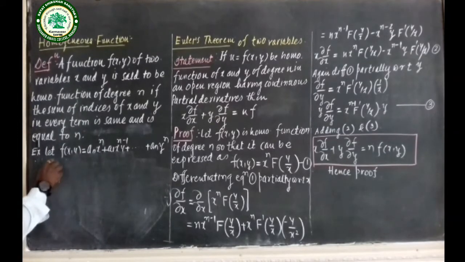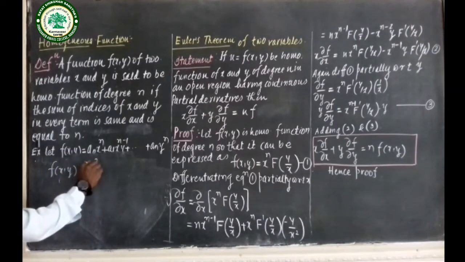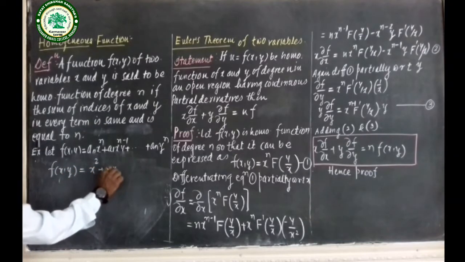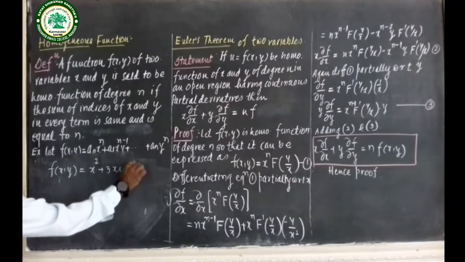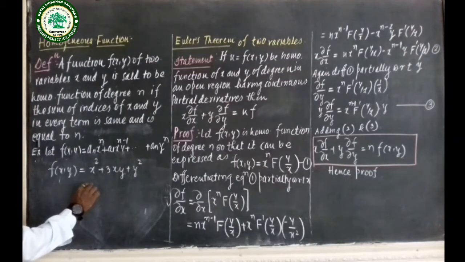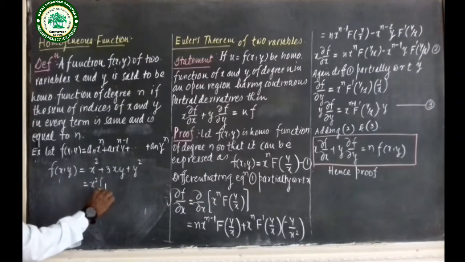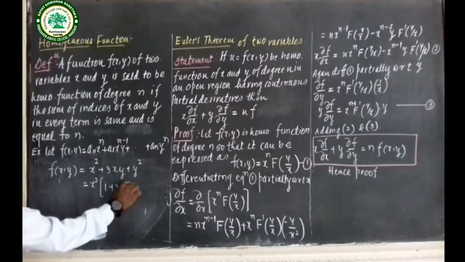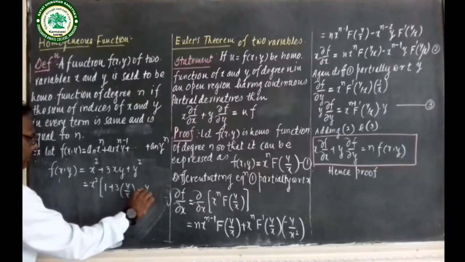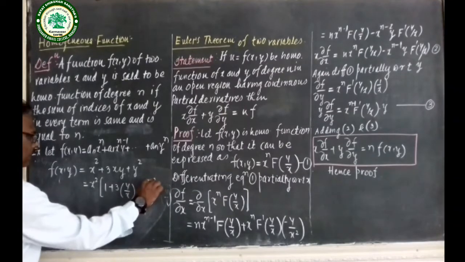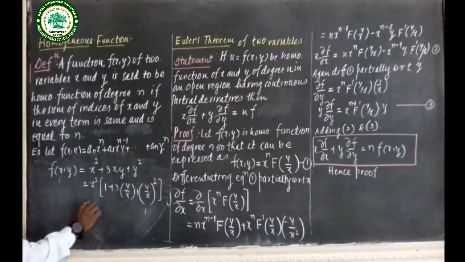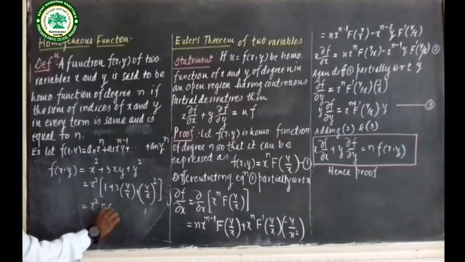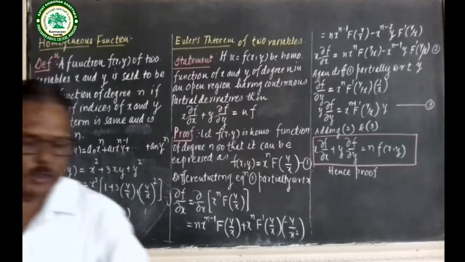Suppose f(x,y) is equal to x square plus 3xy plus y square, which is equal to x square taken common, 1 plus 3 y upon x, plus y upon x whole square, and this is x square into a function of y by x.